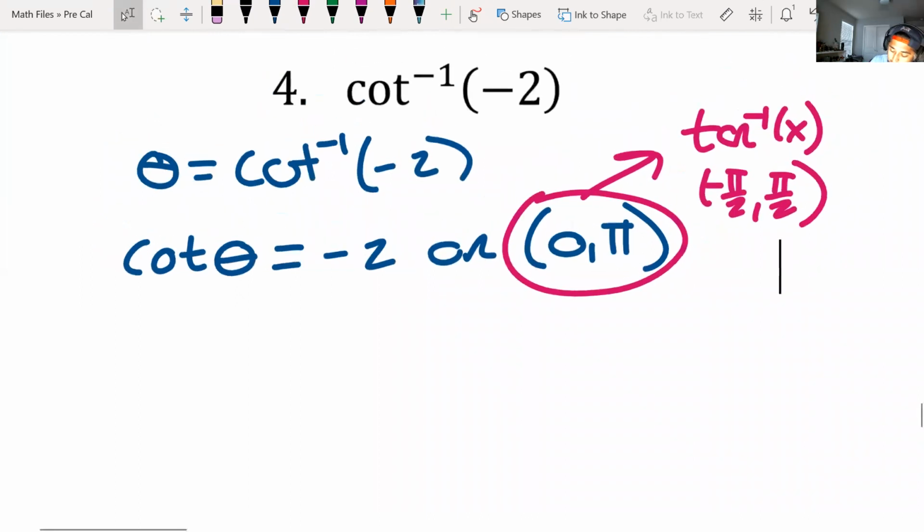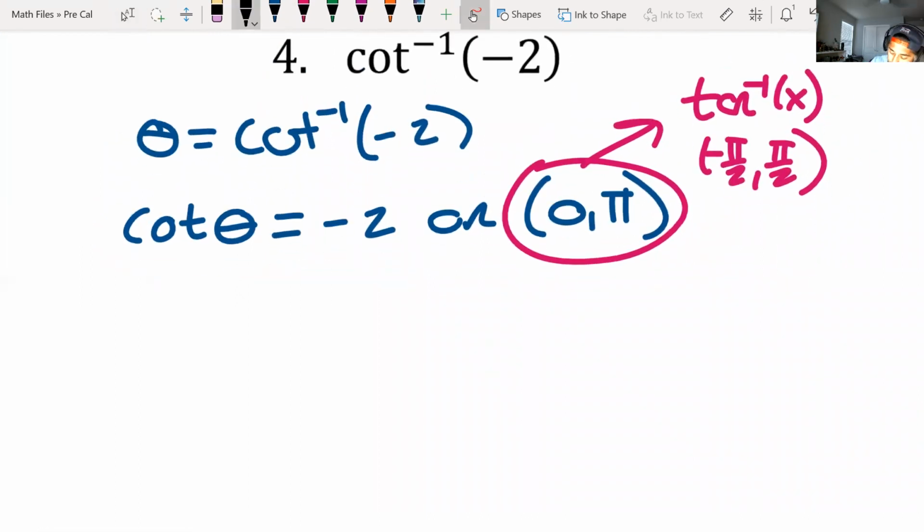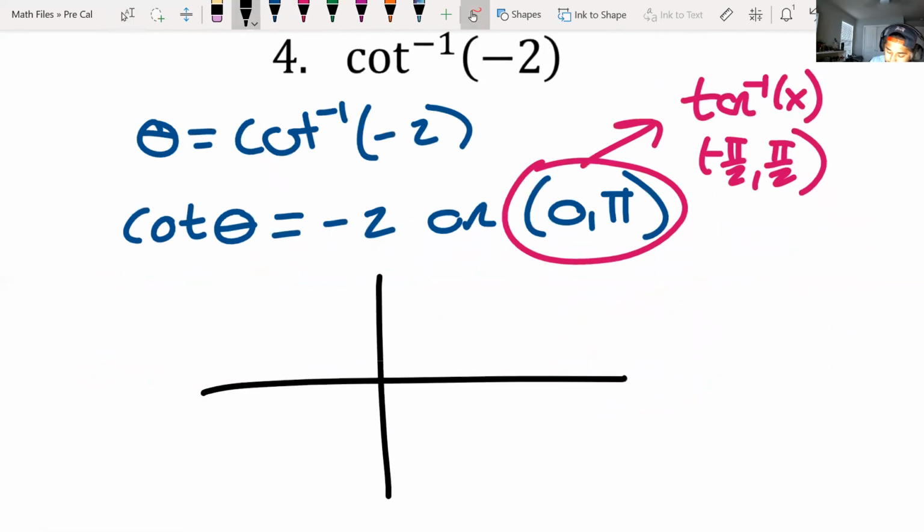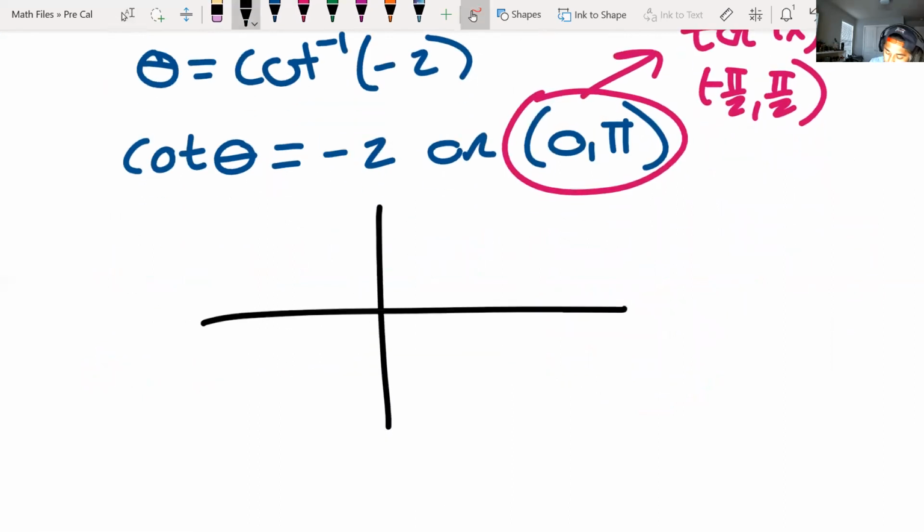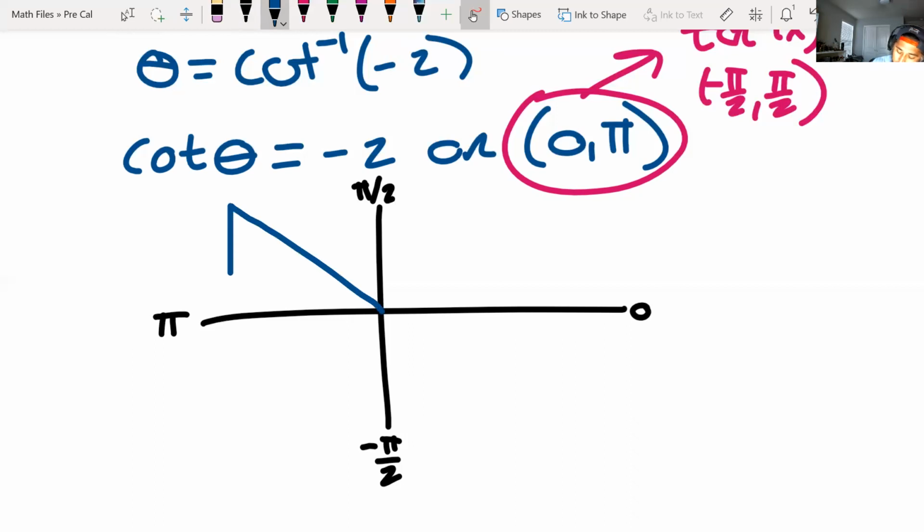So if I draw my unit circle, here's -pi/2, here's 0, there's pi/2, and here's pi. If cotangent is negative, what quadrant are we in? We're in 2. So here is cotangent theta because it's negative, right?